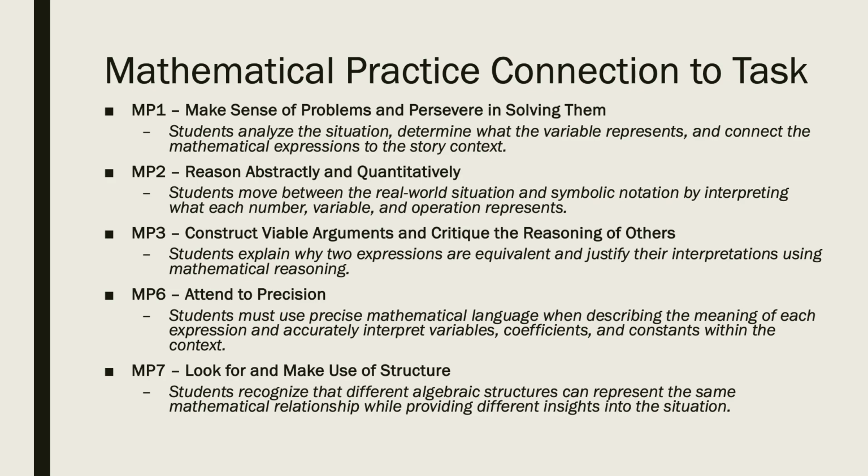Even though 14 minus 2x and 2 times (7 minus x) produce the same value, each expression emphasizes a different way of thinking about the problem. One focuses on the number of tickets remaining while the other focuses on the number of rides remaining before multiplying by 2 tickets per ride.